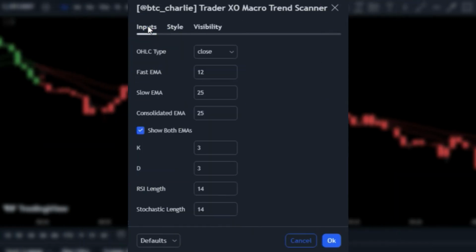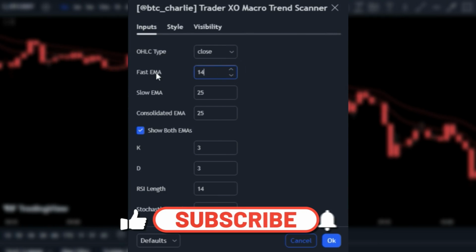Once added to your chart, we'll guide you through fine-tuning the essential settings.